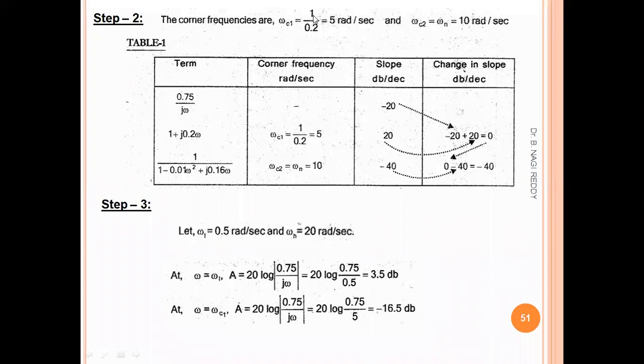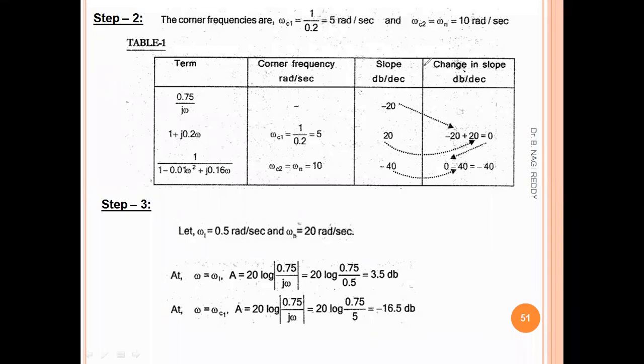In order to calculate the corner frequency, the terms must be in the format of 1 plus sT, where T is the time constant. So the coefficient of s is T here. So we will consider the coefficient of s and we will write the corner frequencies.